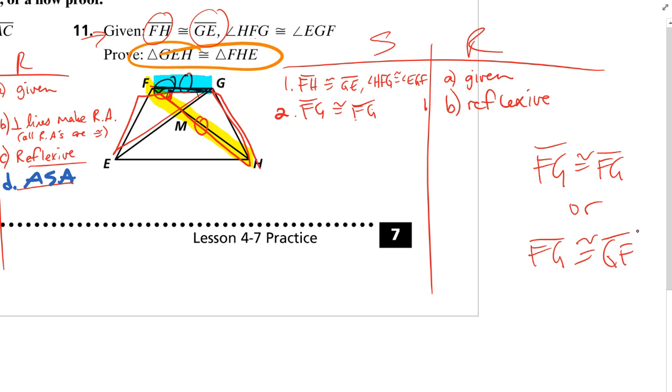There's a little bit of theory here that we're really measuring a distance, and you can't have negative distances. So if you're going forward or backward, you're still going to have the same odometer reading on your car, for example. So FG congruent to GF is fine. I'll accept that as reflexive property. Or you could have said FG congruent to FG. Again, both reflexive property. Use them any way you like.